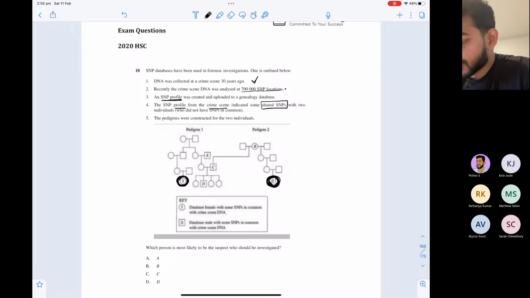Good. So now they're asking you, who is the most likely suspect? Right, they put the investigator to be careful, right? But technically, the suspect is the murderer, or he's the victim, whose blood was present at the crime scene. So let's just imagine this is the murderer. So who is the suspect?